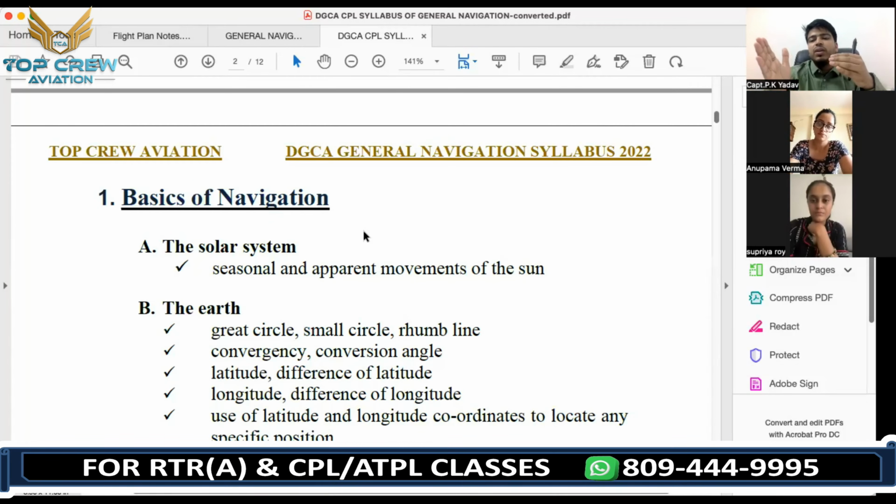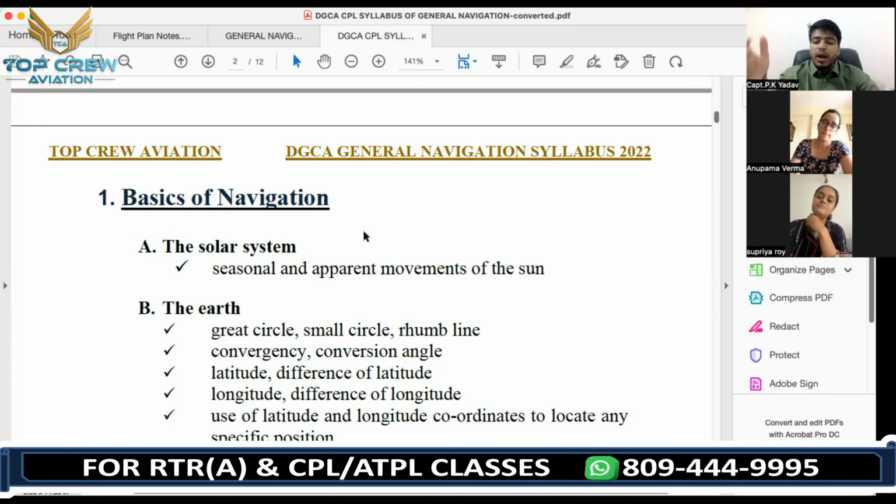What is the angle of inclination and why it is happening, why temperature increases and decreases, sometimes it is winter, sometimes summer, sometimes the rain comes. So we would understand, being a pilot, we should know this. Because we will fly all 12 months, it's not that we will fly only in winter or only in summer. That is not possible. So we should be familiar with the seasons.